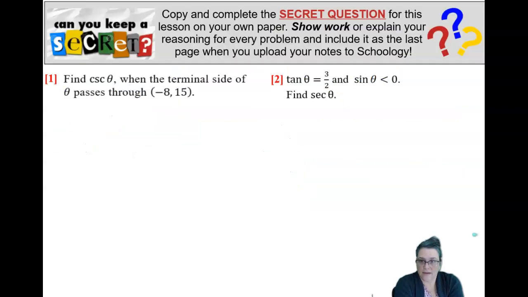Okay, and that brings us to the secret question for this lesson. In problem 1, you want to find the cosecant of theta when the terminal side of theta passes through the point (-8, 15). And in problem 2, the tangent of theta is equal to 3/2, and the sine of theta is negative, and you want to find the value of the secant of theta.